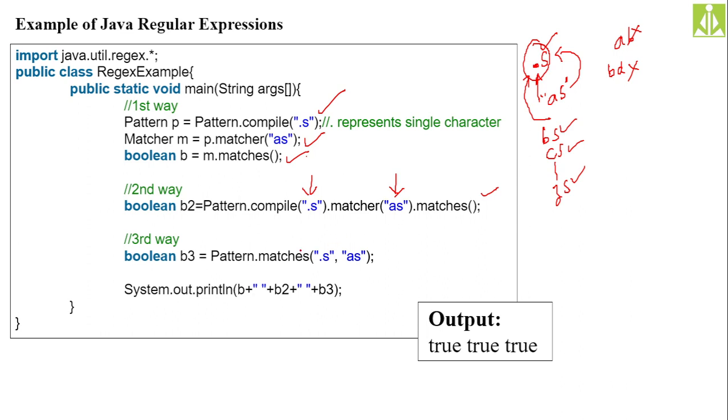Or else, we have a matches method inside the Pattern class as well. So directly in this way also you can perform the match operation. Pattern.matches, first you give the regular expression, then you give the string.